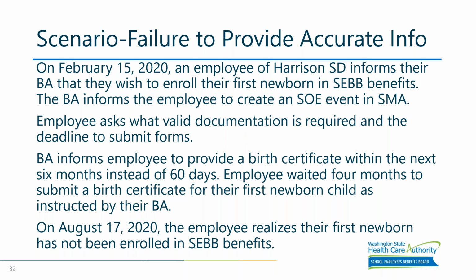The BA informs the employee to provide a birth certificate within the next 6 months instead of saying 60 days. The employee waited 4 months to submit a birth certificate for their first newborn child as instructed by their BA. So they're given information that the employee relied upon. And then on August 17th, the employee realizes, hey, my first newborn has not been enrolled into SEBB benefits.